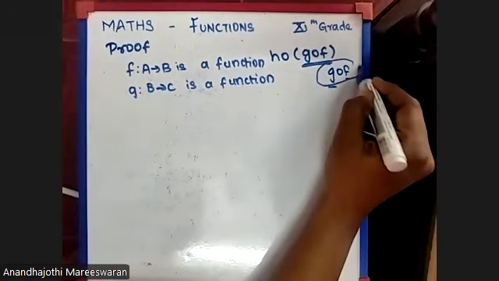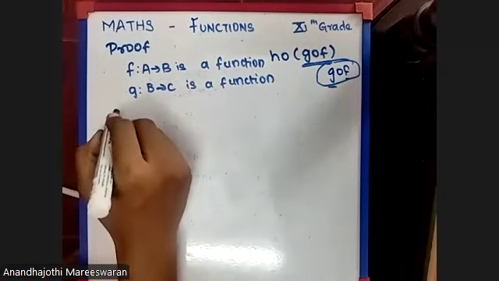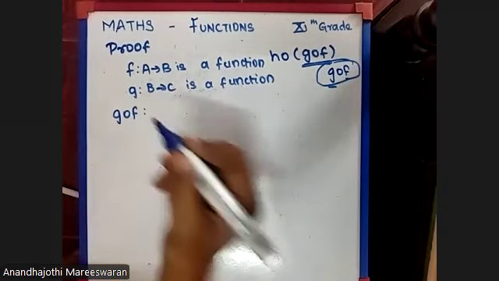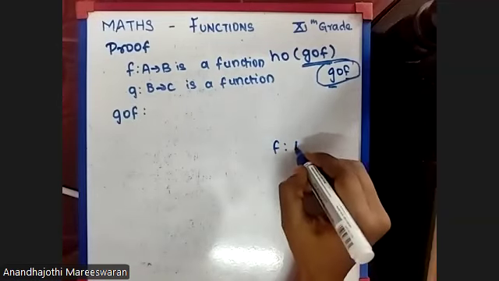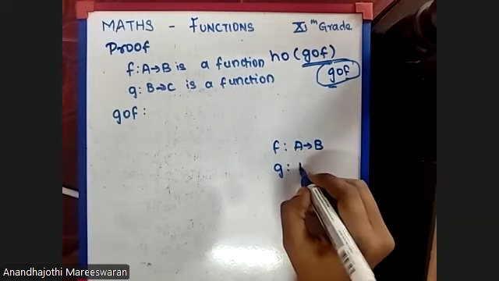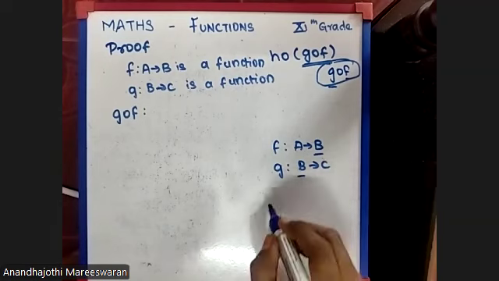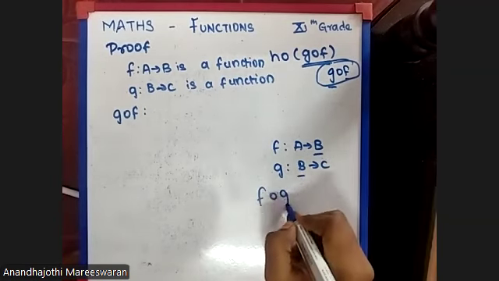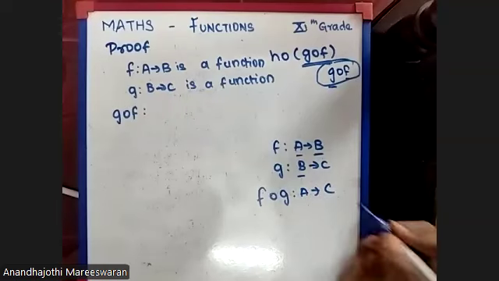Now we are going to write the function for entire G circle F. Shall we write the domain? Okay, F maps A to B, G maps B to C. Here both these are equal and same.